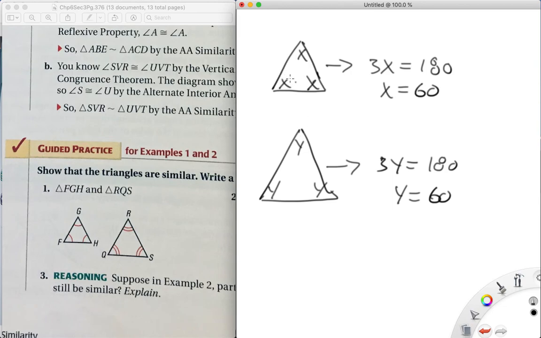All three angles of the small triangle are 60, which means that at least two of them are congruent to each other. Therefore, these guys are similar because of AA. So both triangles have 60 degrees.